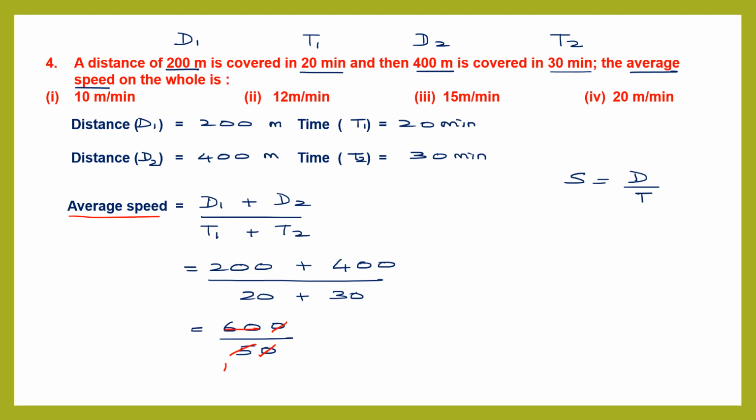So 5 ones and 5 twelves. That means the average speed is 12 meters per minute. So this will be our answer, the average speed. And look at the options and see which is the correct one. Option 2, 12 meters per minute is our answer.